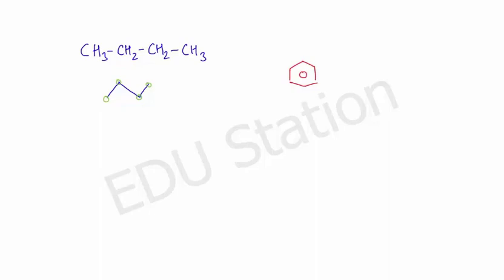So for aliphatic compounds also, say if I have this, it is representing 1, 2, 3, 4, 5. So there are 5 carbons, and on the third one you have OH.